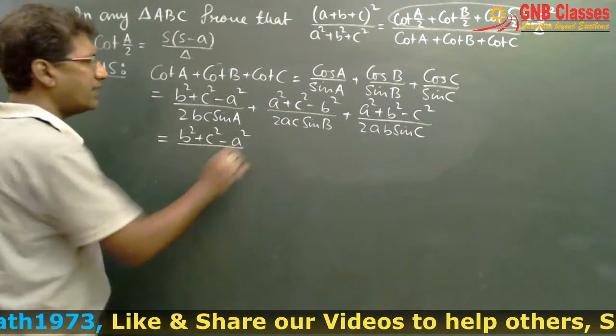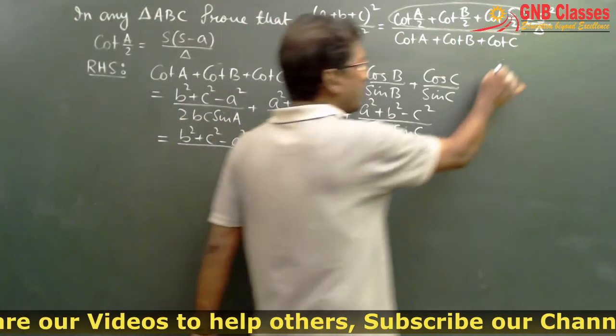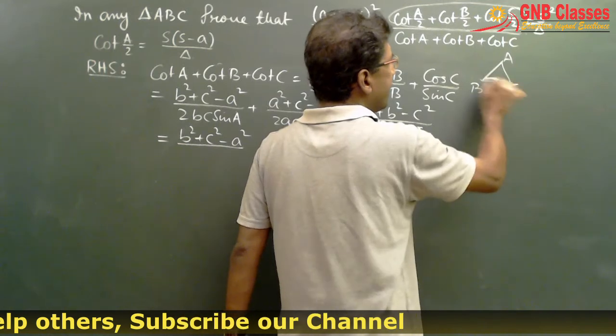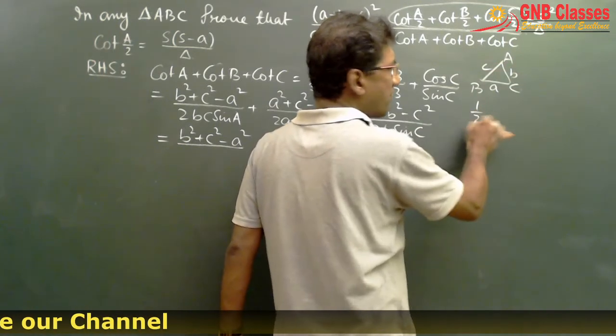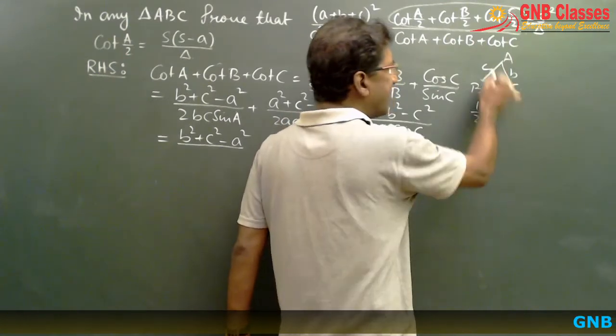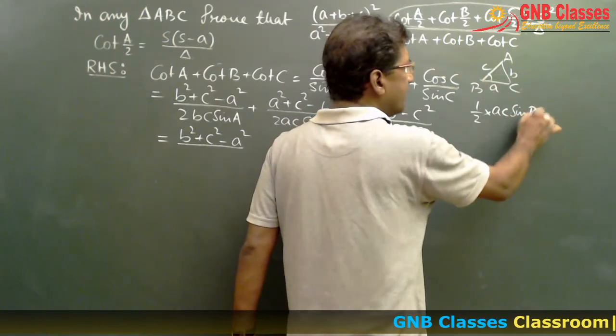Now, can you remember the area formula of any triangle? How do we find out the area of any triangle? This side is A, this side is B, and this side is C. So the area of the triangle will be what? Half into product of any two sides. Let me take A and C, and the sine of the angle between them. Is it clear?